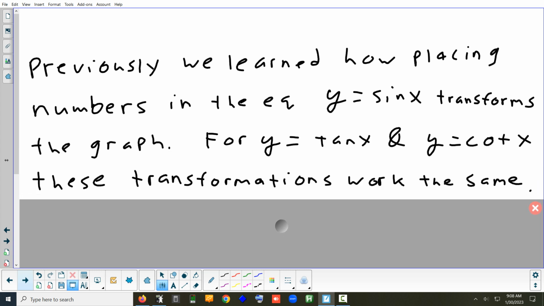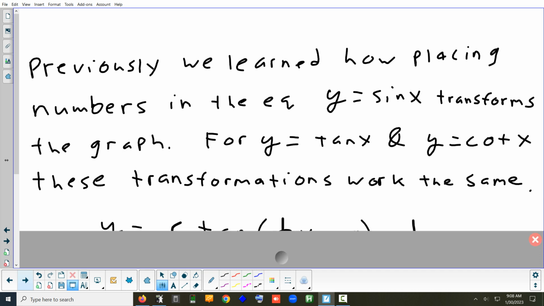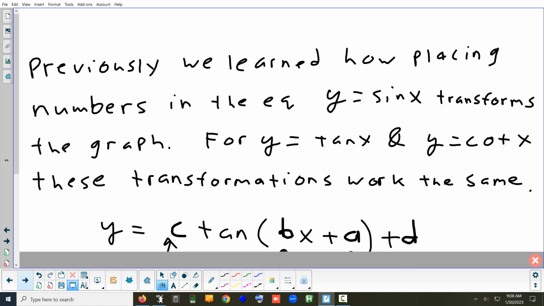So we've talked about transformations. Putting a number in front, putting a number on the end, all the different things we can do. When we're working with tangent and cotangent, every transformation we already know is exactly the same.